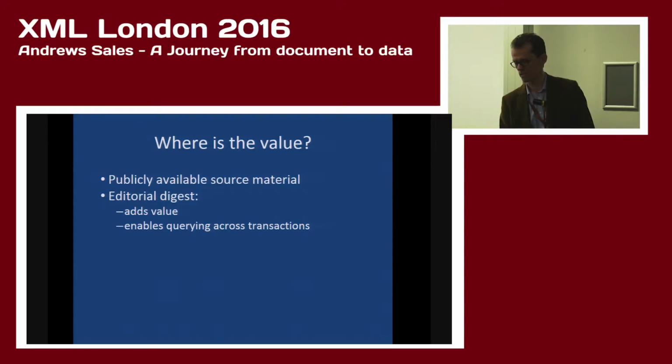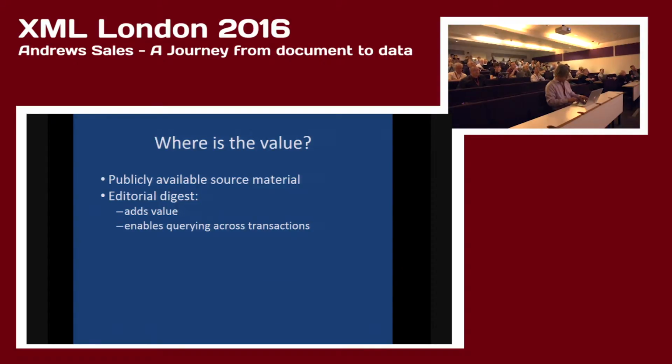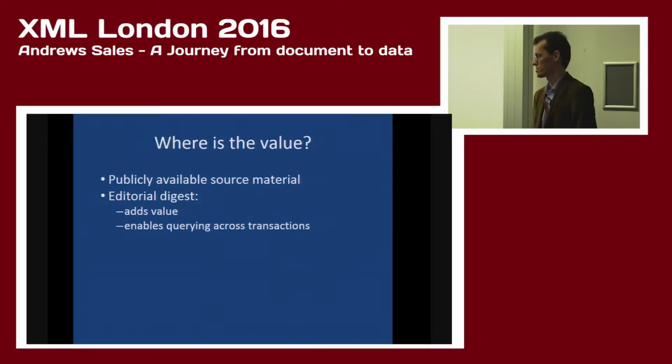So the value add here is that an editorial digest distills this information and, with luck, allows querying across the transactions. For instance, and I'm not a corporate lawyer, so this is an artificial example, but you might want to know how many initial public offerings there were in the UK financial and banking sector last year as a sample query.